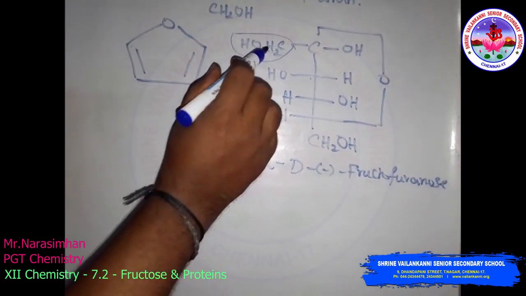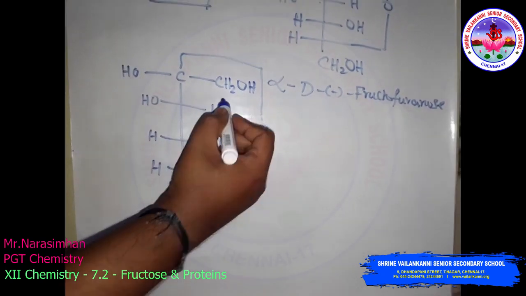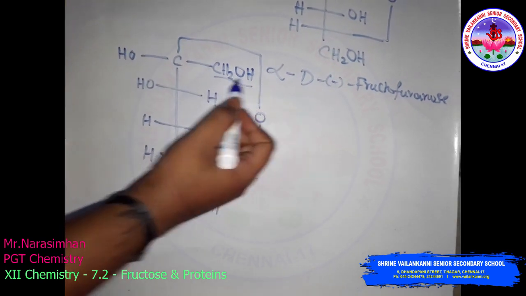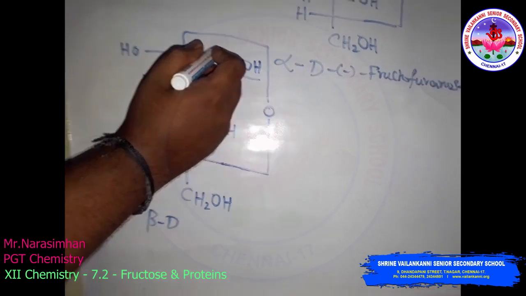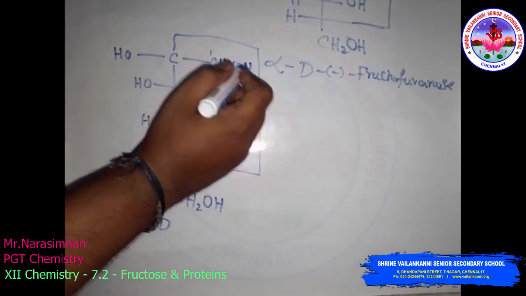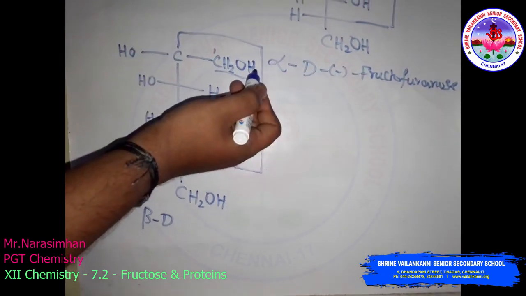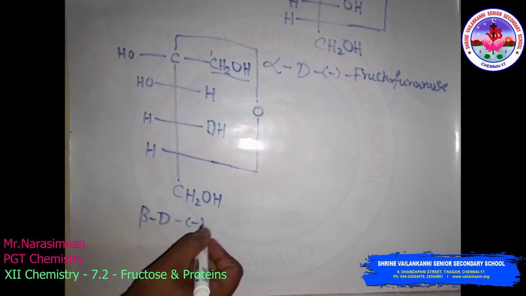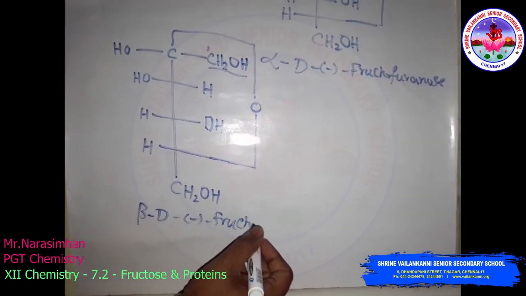Suppose the CH2OH group is present on the right hand side, on carbon number 2 from the top, this is the first carbon, then this is called beta D minus fructofuranose.